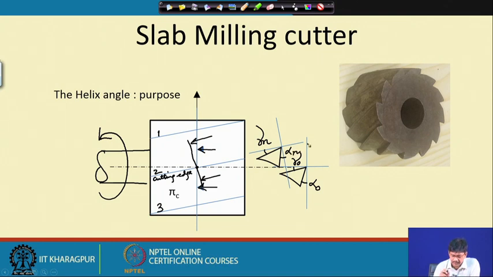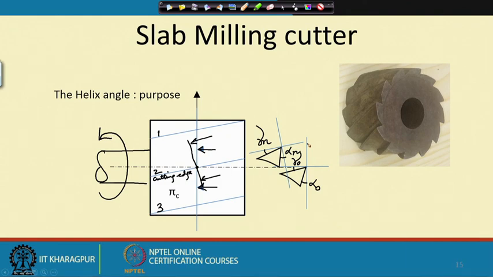Now, after all this discussion, you might ask me, why are we giving this inclination to the cutting edge? Why is the inclination angle provided? What is its purpose? Now, if the inclination angle is 0, then the chips will come out and move over the rake surface and they will basically travel on the orthogonal plane.